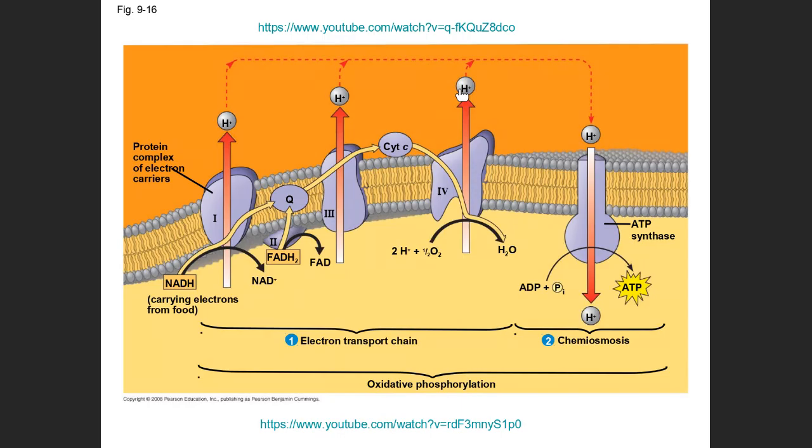So even though NADH and FADH2 both donate electrons to the transport chain, they donate at different points. And that results in different numbers of hydrogens being pumped. It's the hydrogens moving through the ATP synthase that gives the ATP synthase the energy it needs to make ATP. So more hydrogens, more ATP. Fewer hydrogens, fewer ATPs. So does that make sense?